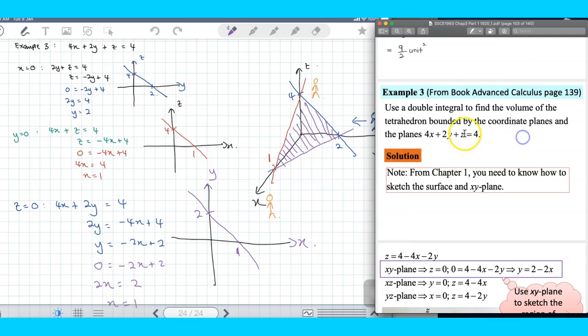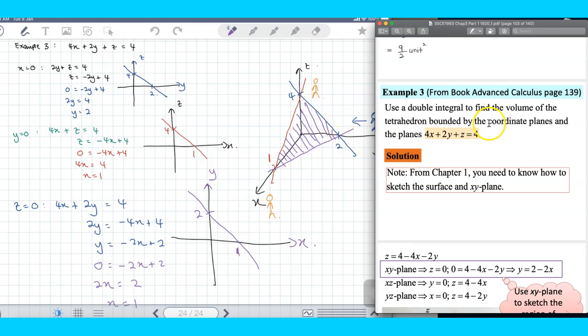When we read the instruction again, it says to use a double integral to find the volume of the tetrahedron, and this tetrahedron is bounded by the coordinate planes. The tetrahedron is given by 4x plus 2y plus z equal to 4, that is the surface, and that surface is then bounded by all the coordinate planes.